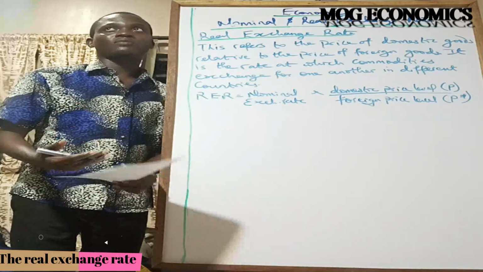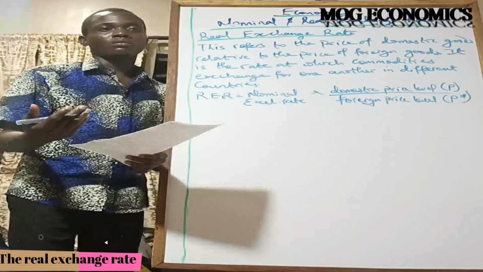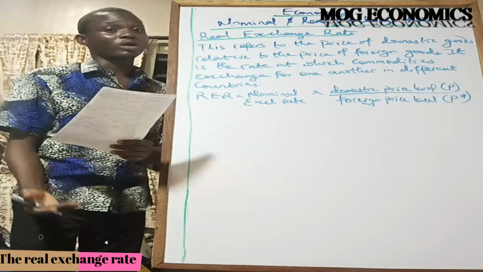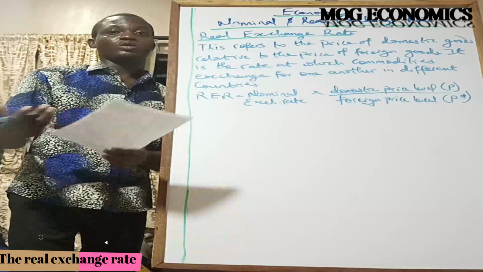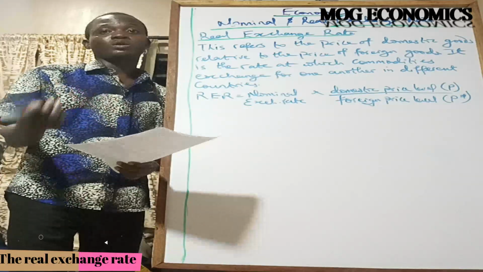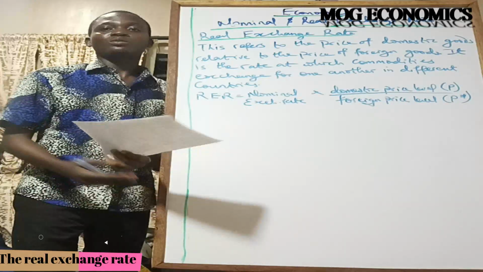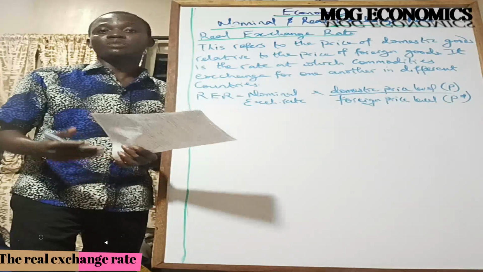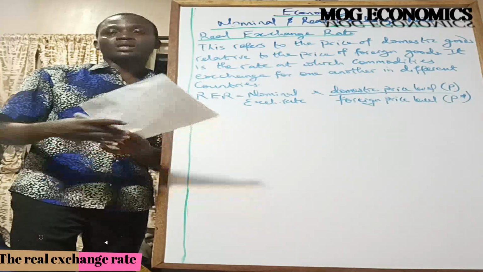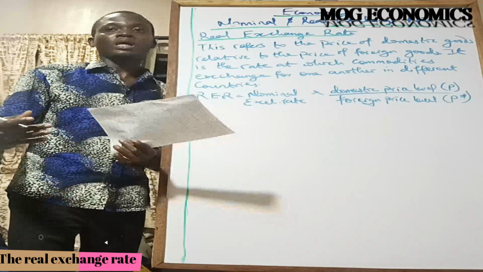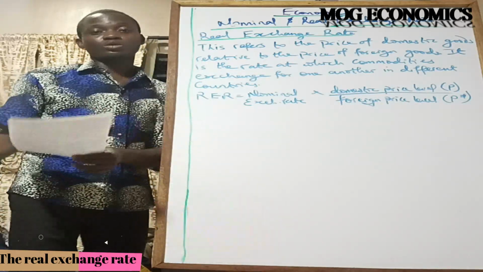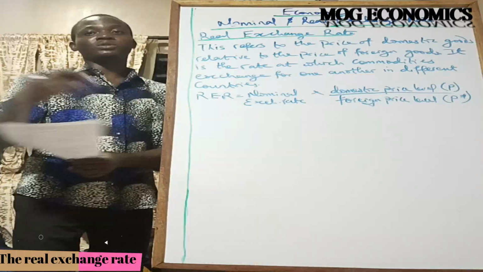Just like you have the difference between nominal wage and real wage. Real wage is the purchasing power of a nominal wage. When you take this money to the market, what can it buy given the inflation rate? The same thing applies to the real exchange rate. What is it going to get me given the inflation rate in the two countries that are transacting with each other?